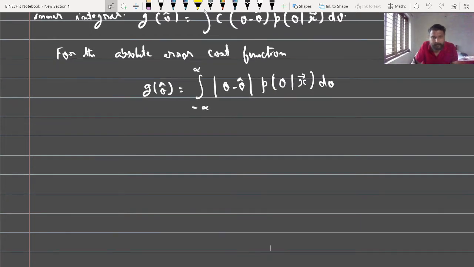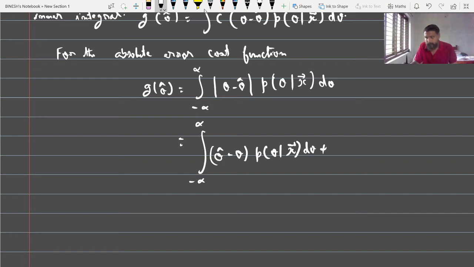I can split this at theta cap: the integral from minus infinity to theta cap.